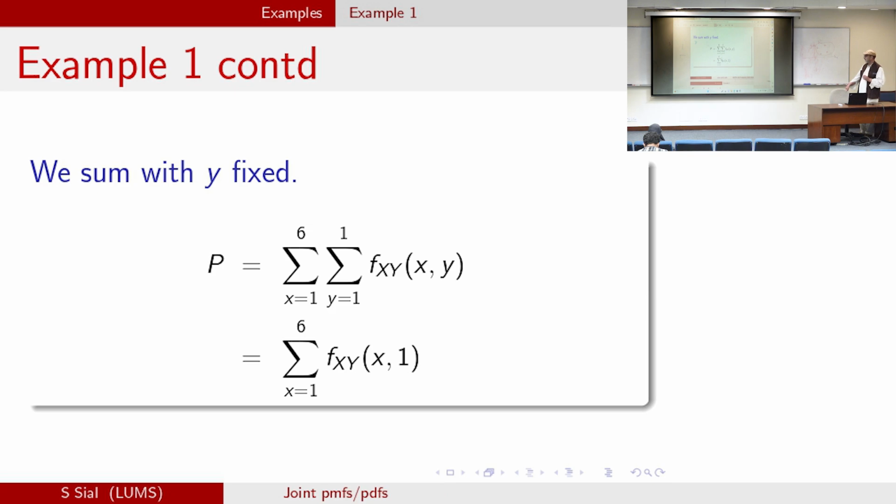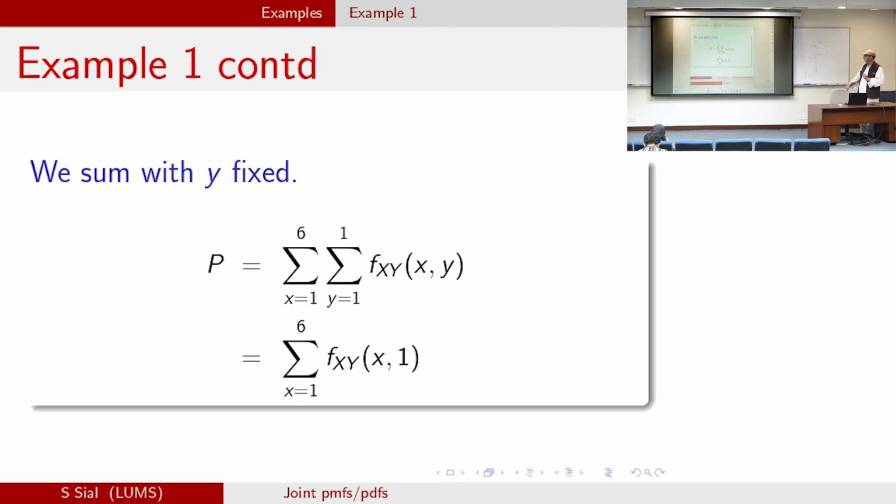There's a restriction on y, though. Y can only be 1, so y goes from 1 to 1. If we're going to do this as a double sum, you sum up all the probabilities from x equals 1 to 6 and y equals 1 to 1 of the joint PMF evaluated at the ordered pair (x, y).